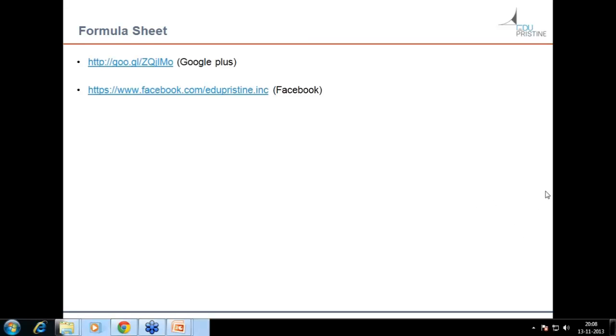I'll take up some queries. I see someone asking whether all formulas in the formula sheet need to be remembered. See, it is not from the perspective of making you mug up the formulas. It is just for your refreshment. You know the formulas, but to double cross-check and be sure, we provide you the formula sheet. It is just for your reference.